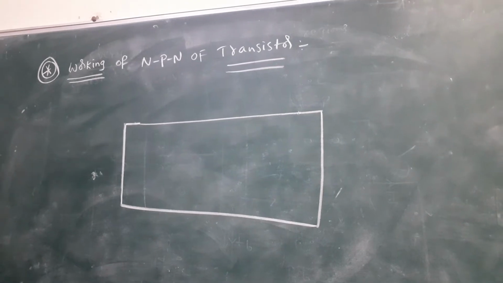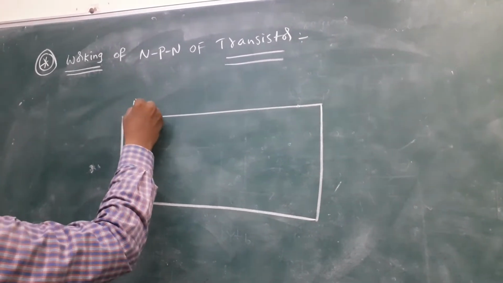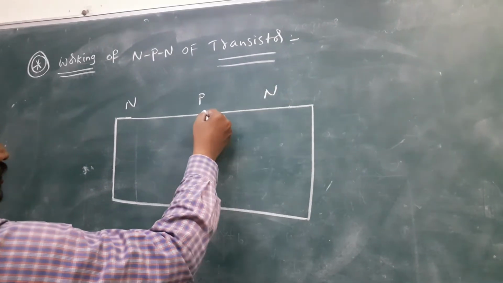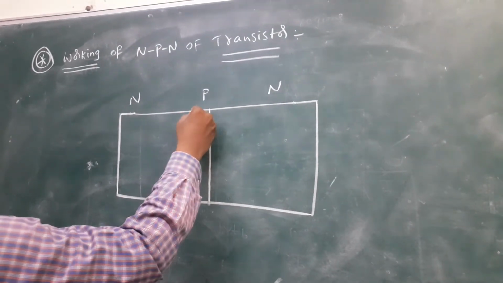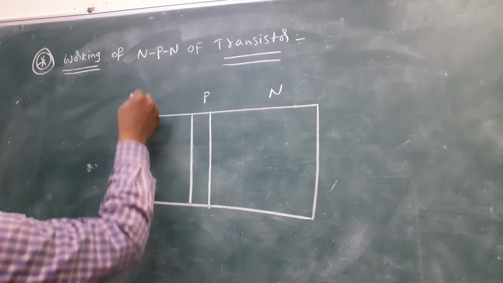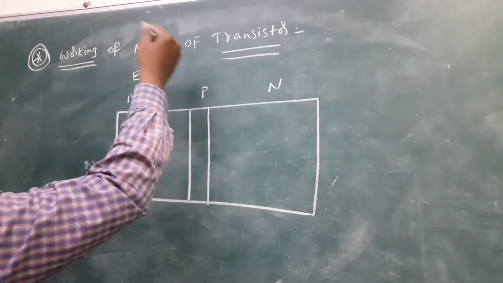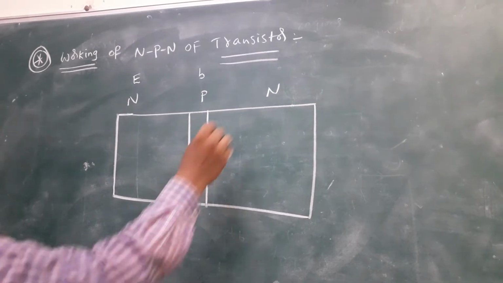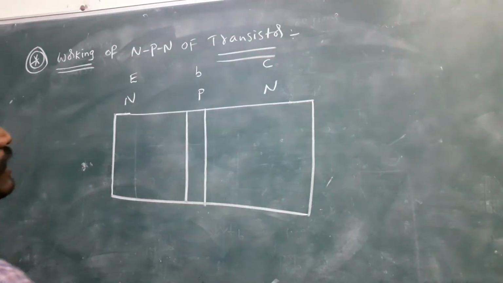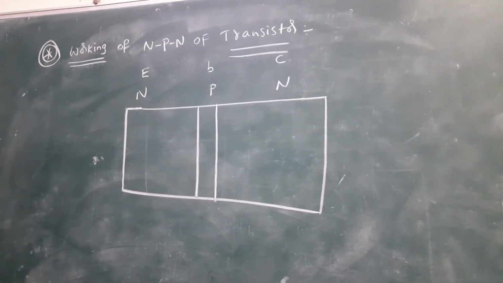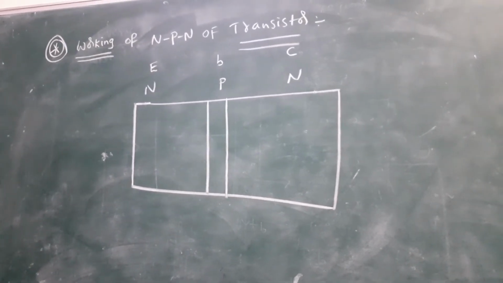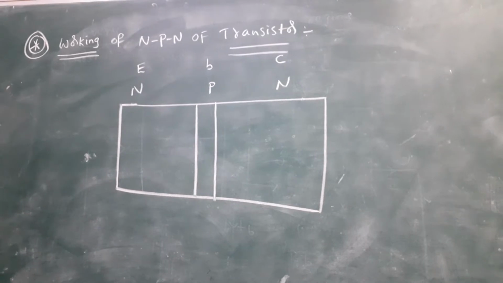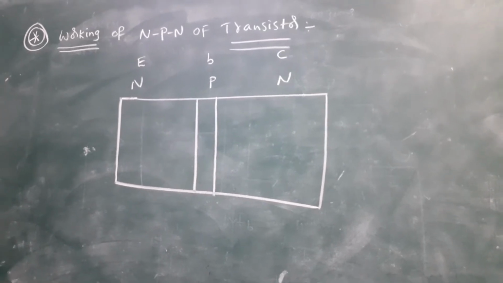In the NPN transistor, this is N, this is P, this is N. The first region is called emitter, the next region is called base, and the next region is called collector. Once again, the first region is emitter, the second region is base, the third region is collector.